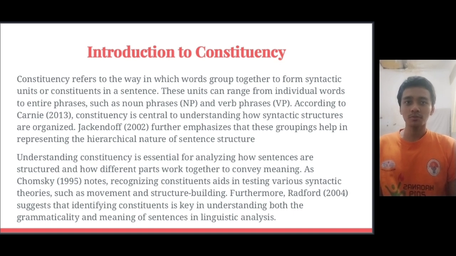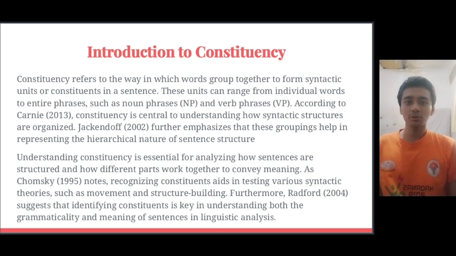Jackendoff 2002 further emphasized that these groups help in representing the hierarchical nature of sentence structure. Understanding constituency is essential for analyzing how sentences are structured and how different parts work together to convey meaning.